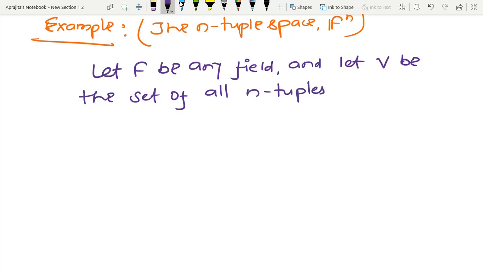I am going to define an n-tuple by alpha, that is (x1, x2, ..., xn).